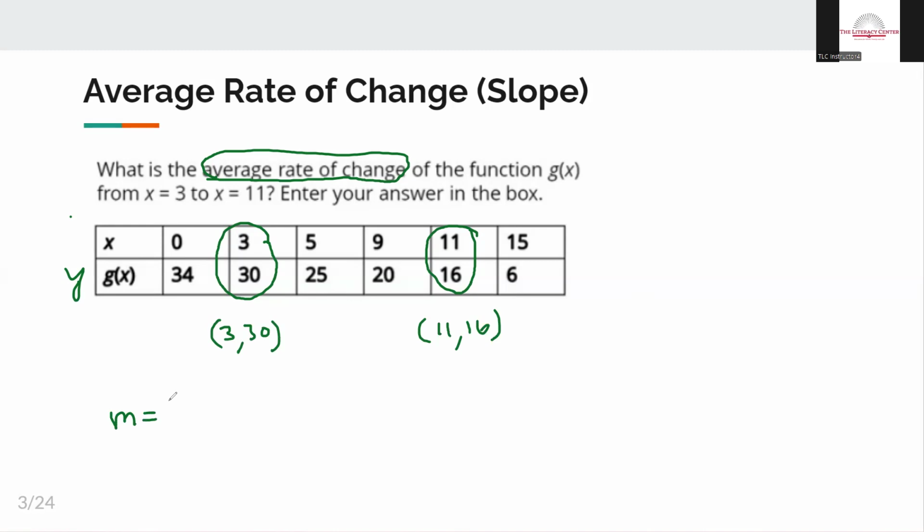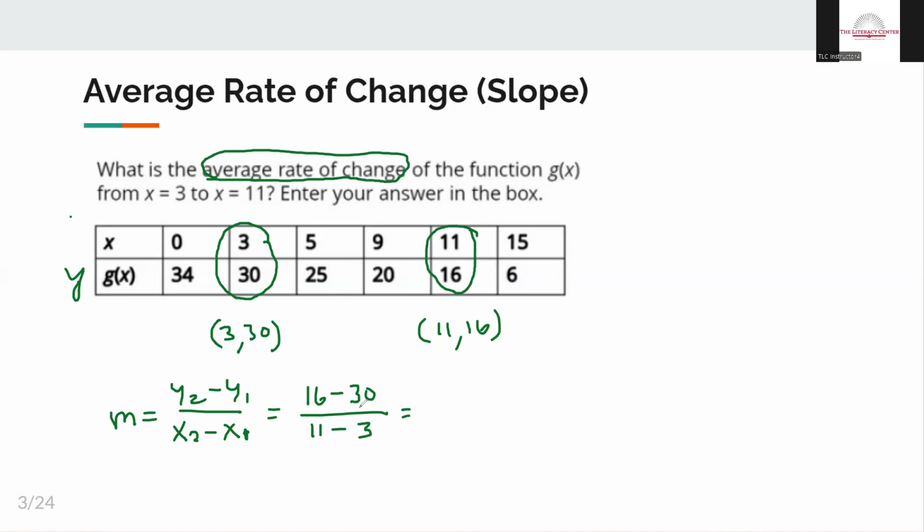M is equal to y2 minus y1, a little bit of review here, over x2 minus x1, and then we plug in our values. Y2 is 16, and we're going to subtract 30, and x2 is 11, and we're going to subtract 3.